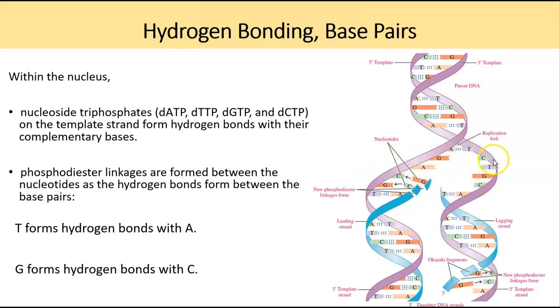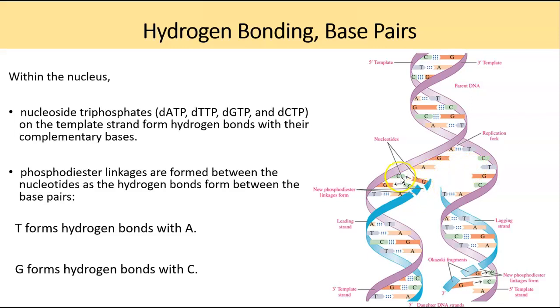After the parent DNA molecule is separated to expose the DNA templates, the nucleoside triphosphates in the nucleus, which are deoxyadenosine triphosphate, deoxythymidine triphosphate, deoxyguanosine triphosphate, and deoxycytidine triphosphate, come and pair with the bases according to the complementary base pairing rules I mentioned before.